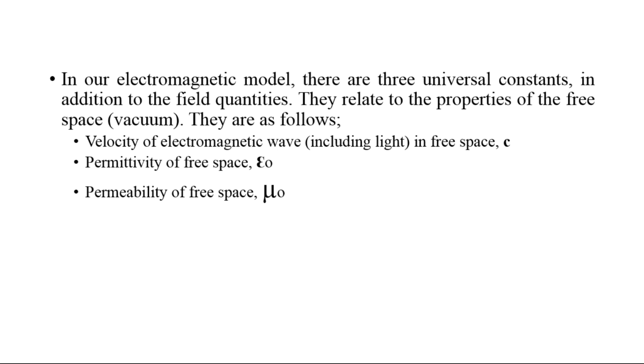Now many experiments have been performed for the precise measurement of the velocity of electromagnetic wave or the speed of light. And what will be the value of the permittivity of free space, and what will be the value of permeability of free space, mu naught?